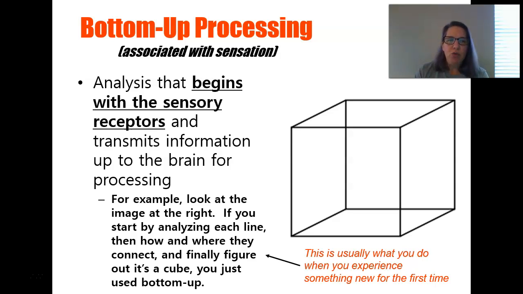So for example, if you look at the image that I have right here on the screen, you might start by analyzing each individual line and each individual intersection and each individual corner and connection, and then finally figure out that it is a cube. Right? You just used bottom-up processing. This bottom-up processing is something that we usually use when we're experiencing something for the first time. So if we're seeing an image of something for the first time, we're going to analyze all the small bits and parts of it to try and figure out what it is.